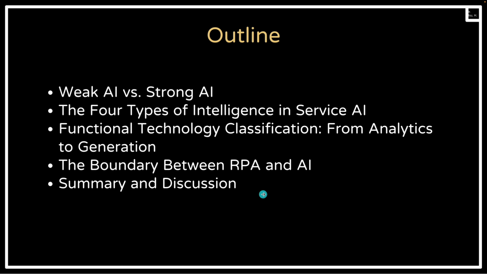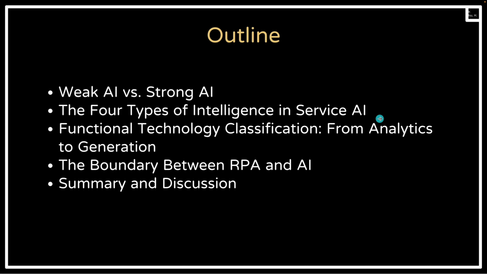This is our roadmap for today. If you read down the slide, you can see that we will move through 5 parts. We begin with weak AI versus strong AI, because that is the broadest distinction. Then we move to the 4 levels of intelligence in service AI, which give us a more refined business framework.